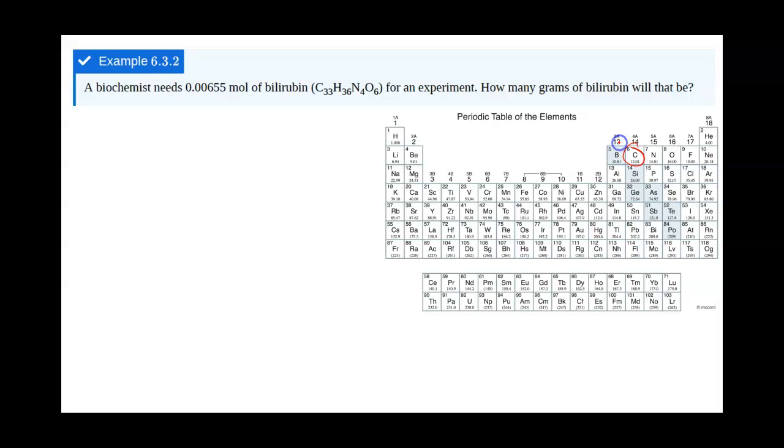I need to find carbon, hydrogen, nitrogen, and oxygen in the periodic table. To get the molar mass, I'm going to have to add up the masses of everything that I've got. So I've got 33 carbons, 36 hydrogens, 4 nitrogens, and 6 oxygens.